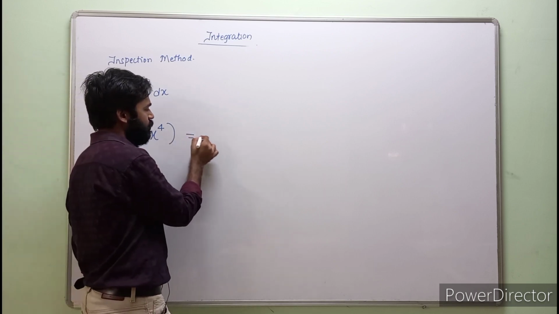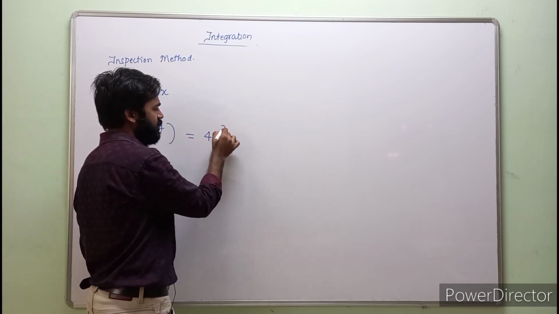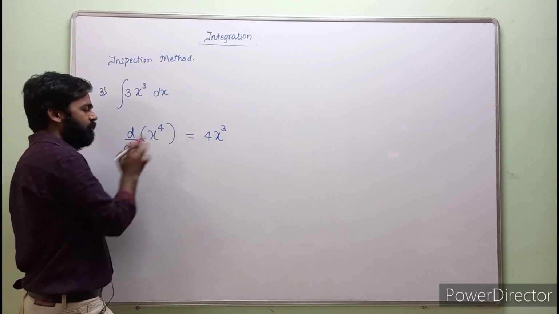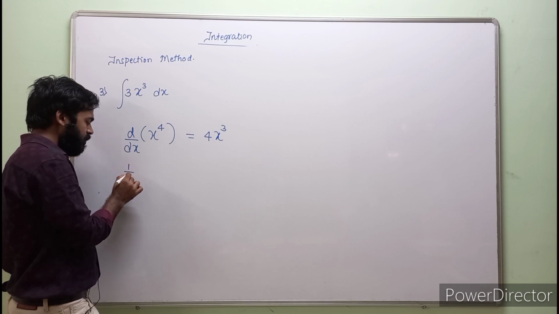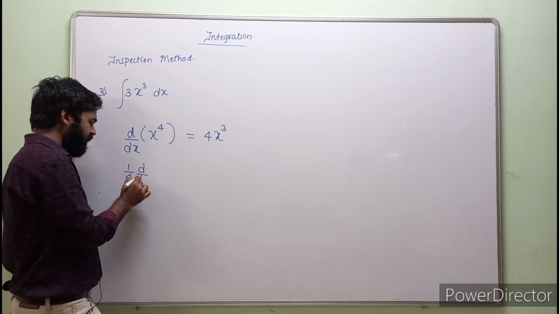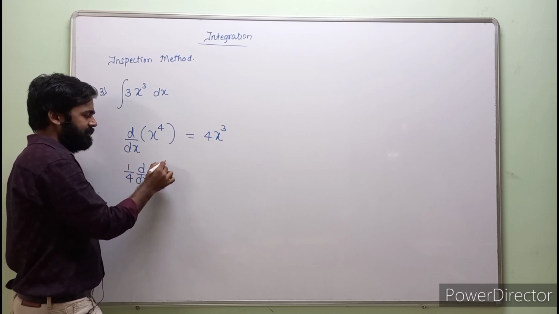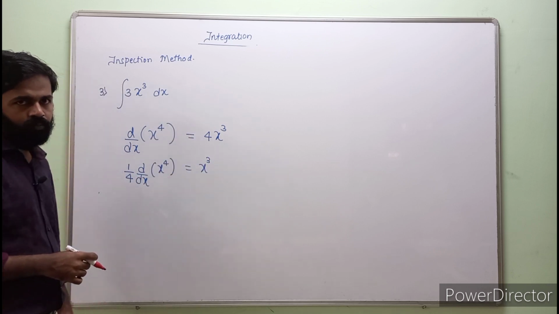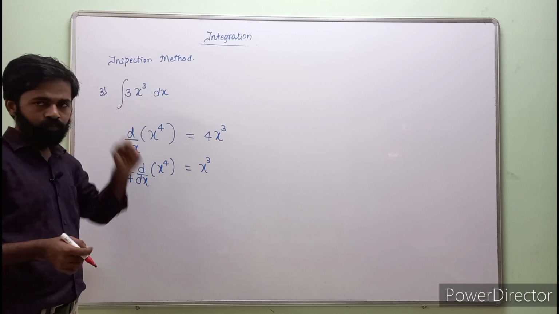Differentiation of x raised to 4 is 4x cube. Right? So what I will do? I'll just take 4 here. We get 1 by 4 d by dx of x raised to 4 equals x cube.